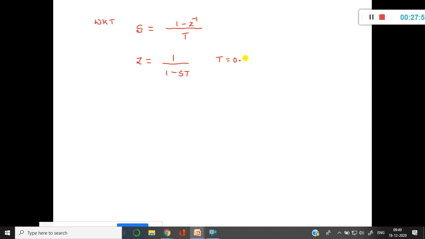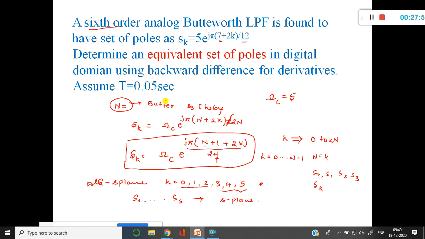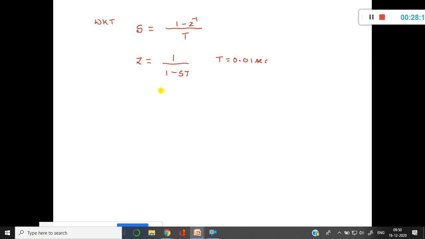And they asked us to consider T equal to 0.01 seconds, given in the question. So how do you calculate this for a single pole? I need k number of poles in the Z domain, that is 1 by (1 minus sk into T). Right? What is sk?